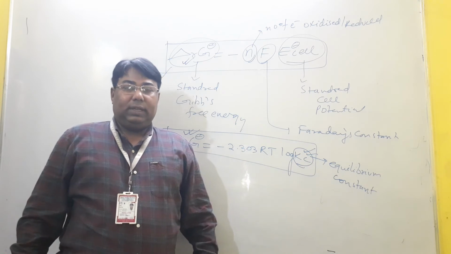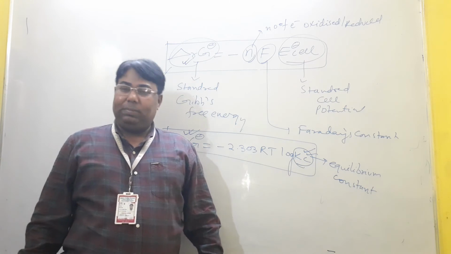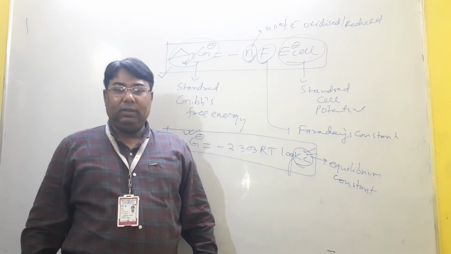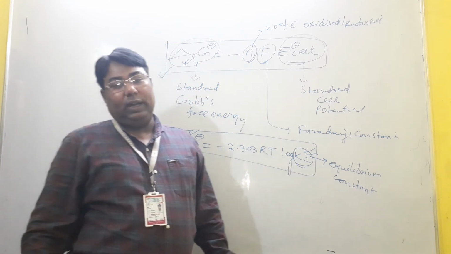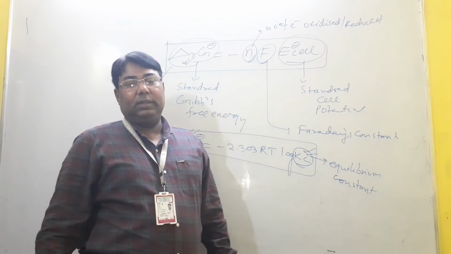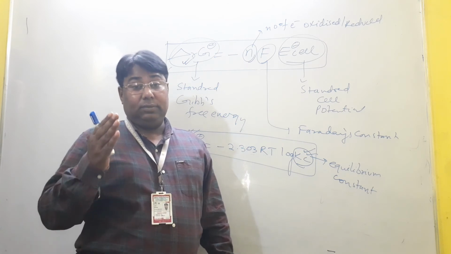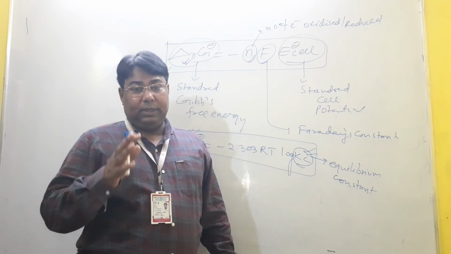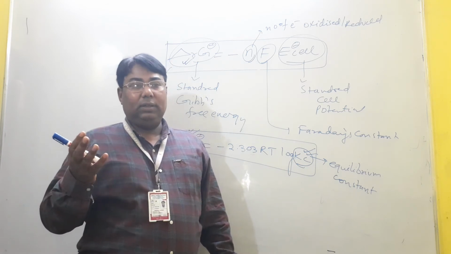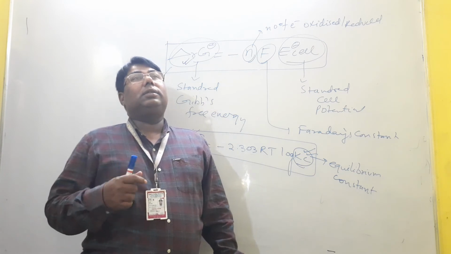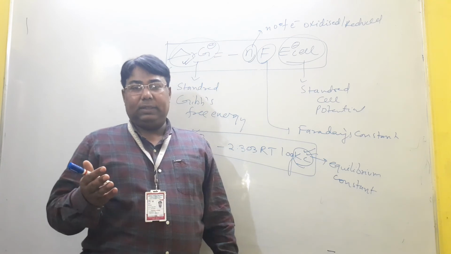Now once again try to understand about the galvanic cell. Galvanic cells are built up in two separate chambers in which oxidation and reduction take place separately. The chamber containing copper rod and its electrolyte, copper sulfate, acts as anode because here oxidation takes place, and the chamber containing zinc rod and its electrolyte, ZnSO4, acts as cathode because in this reduction takes place.